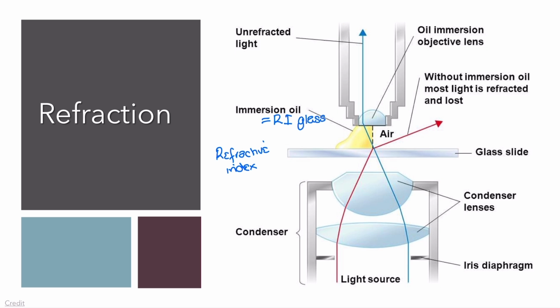So instead of going glass, glass, glass, air, glass, we are now going glass, glass, glass, glass, glass. So that means that we don't lose any of the light entering the sample. It will be captured by the lens, and we will be able to see the resolution that we need to identify and look at our samples.